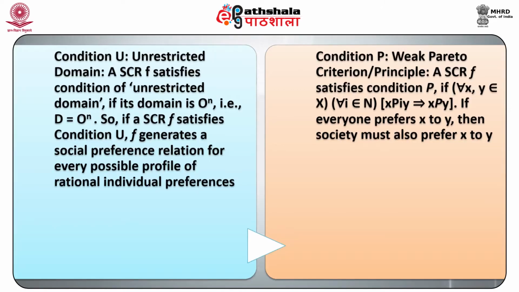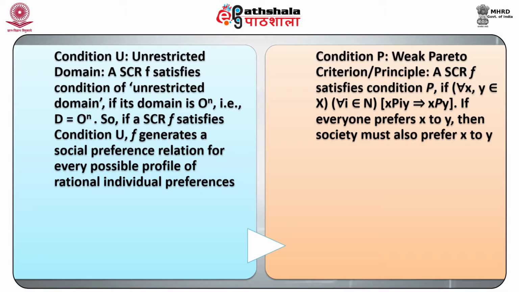The four conditions that Arrow uses in his theorem are: condition U, unrestricted domain. A SCR f satisfies the condition of unrestricted domain if its domain is On, that is D is equal to On. So, if a SCR f satisfies condition U, f generates a social preference relation for every possible profile of rational individual preferences.